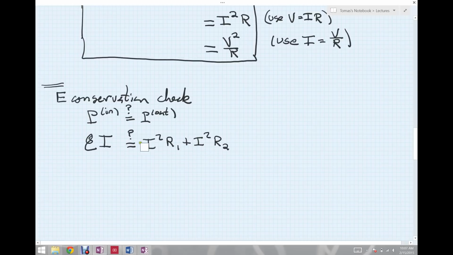Well, I think we can see how we would want to check this. We're going to need to do some mathematical simplification on this side of the equation. The first thing that's really begging to happen is to gather R1 and R2 together. So this would be I squared times R1 plus R2.